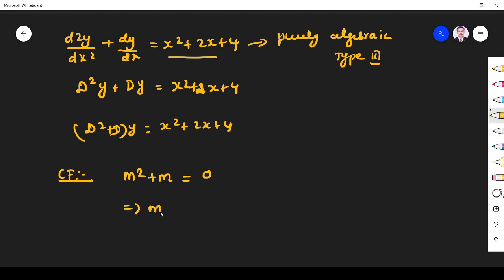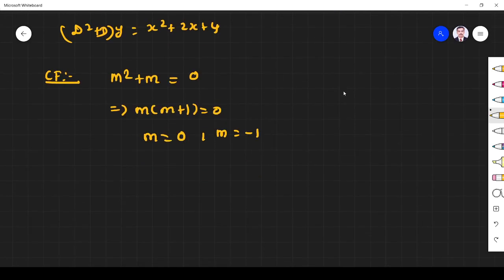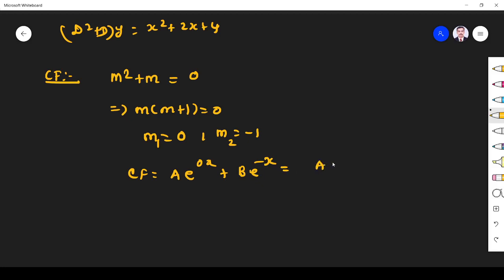This implies m into (m plus 1) is equal to 0. This indicates m is equal to 0 or m is equal to minus 1. So the roots are real and different. So the complementary function is equal to a e power m1 x, let us assume this is m1 and this is m2, plus b e power m2 x, where m2 is minus 1. So it is a plus b e power minus x.